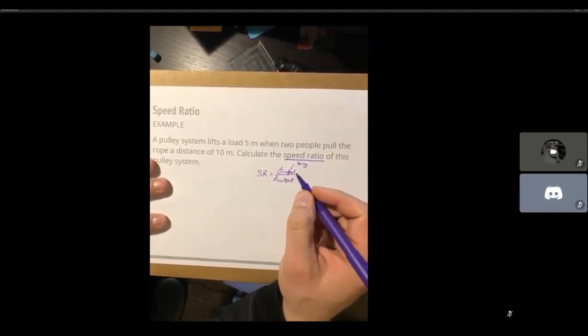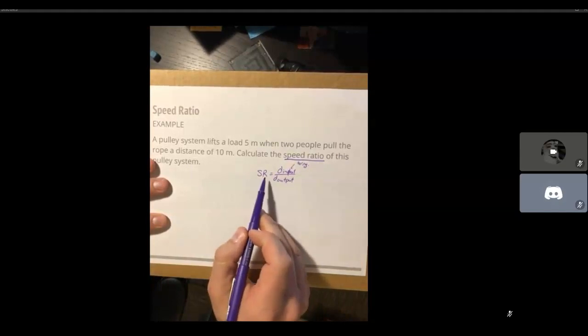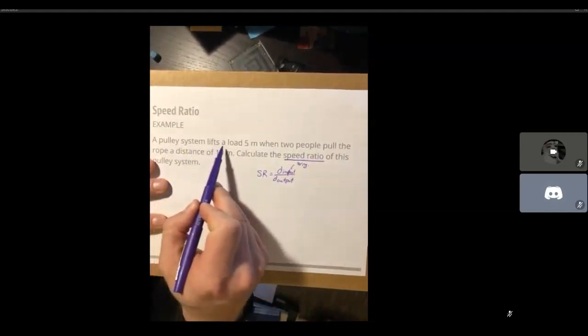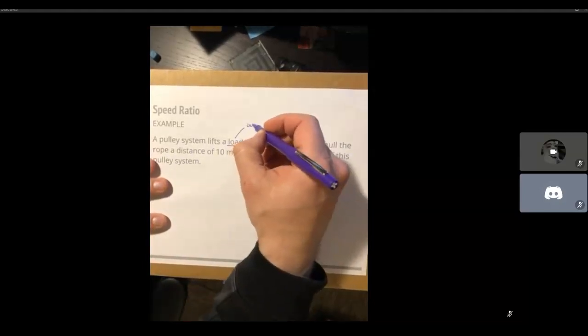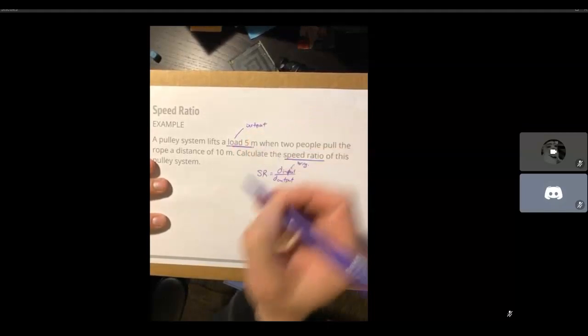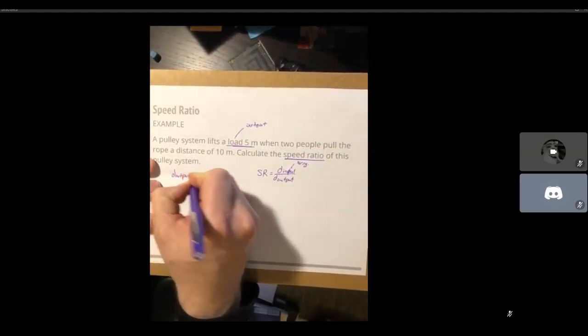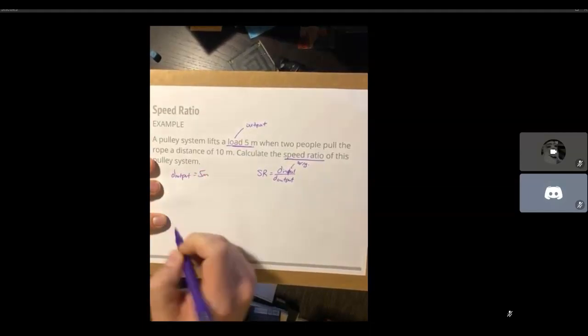Okay, how do we figure out which is which? Well, let's go back to the question up here. A pulley system lifts a load. Remember, load, we always said, has to do with output. So our output distance must be 5 meters.